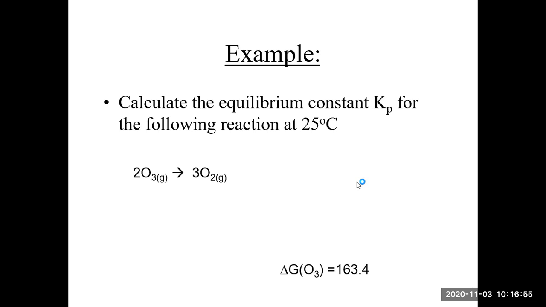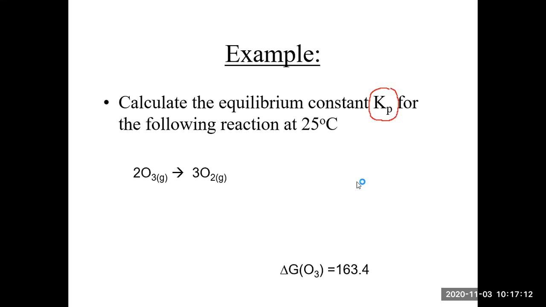Okay, so let's take a look here. Like I said, there are four different equations or so that involve delta G. In this particular case, we are trying to find K, which is an equilibrium constant.